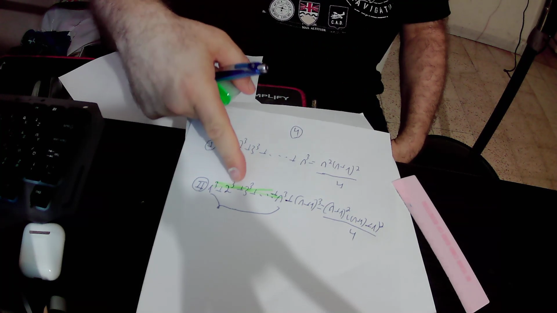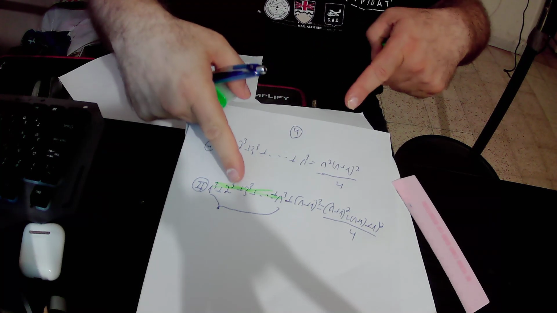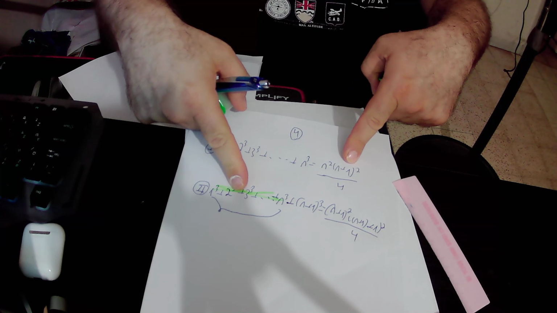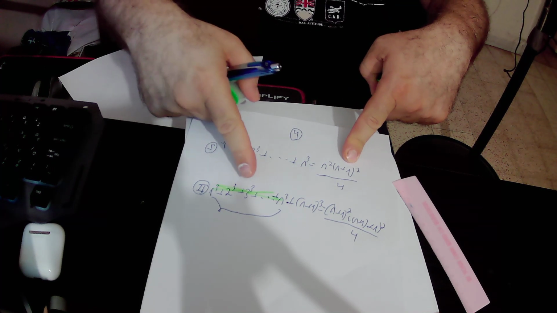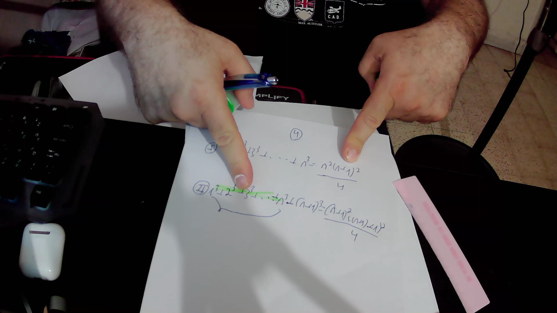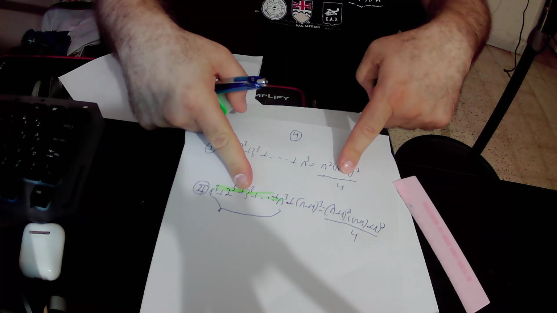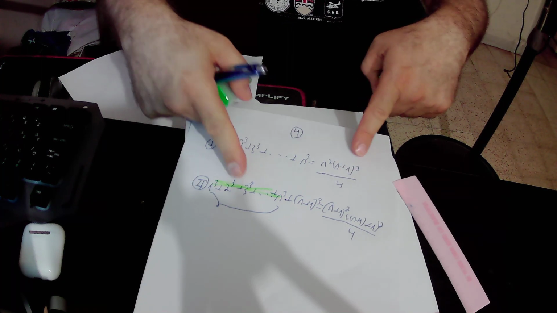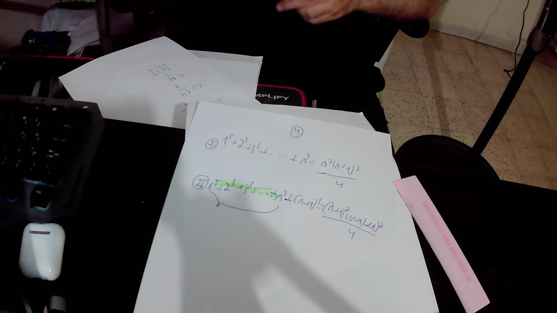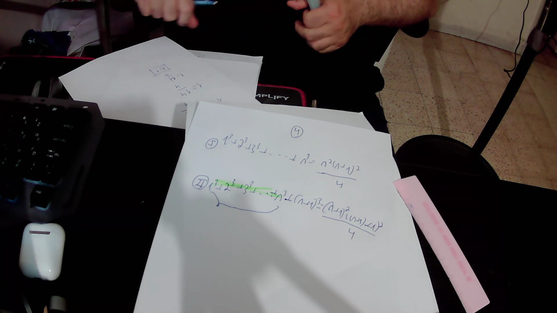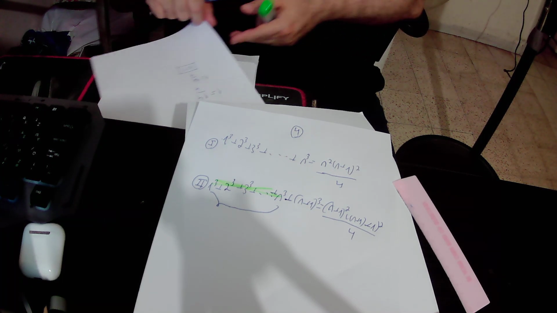This is equal to this, and therefore this also equals this. So we can substitute this expression in the green color by this expression because they are equal to each other. So we will do now the substitution.